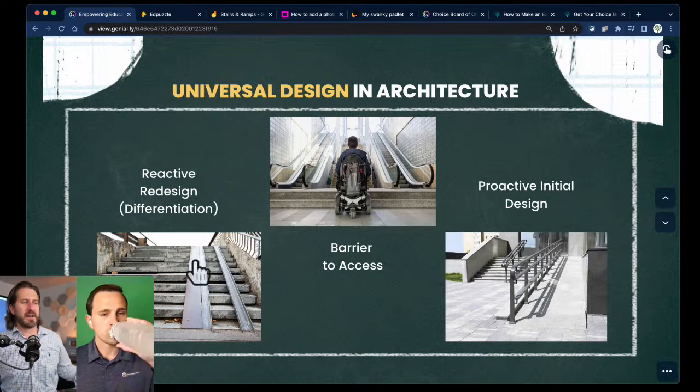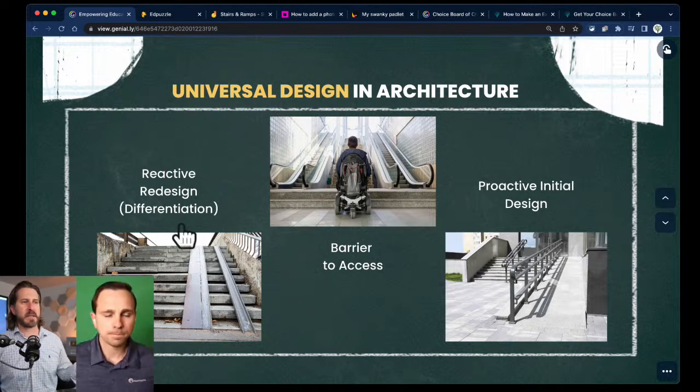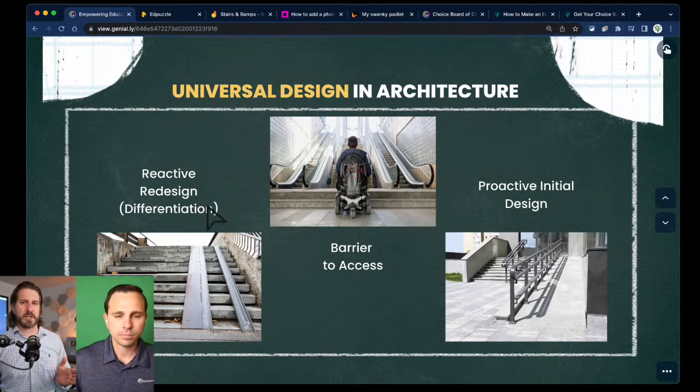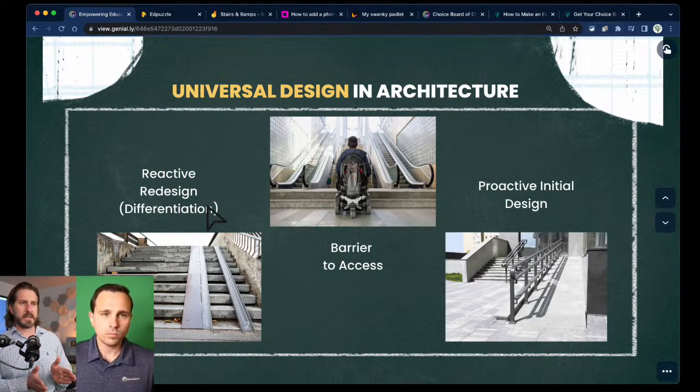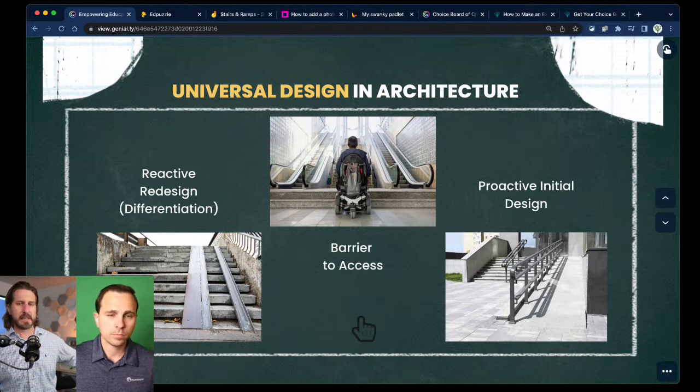We have a situation where people have tried to rectify that by putting a ramp on after the fact, right? And oftentimes I'll hear a bit of confusion about the difference between differentiation and universal design for learning. I think this helps illustrate it: this is like differentiation. We create something and we differentiate afterwards by saying, okay, we're going to lay a ramp on top of something that we already created because we realize that not everybody can access what we originally created.